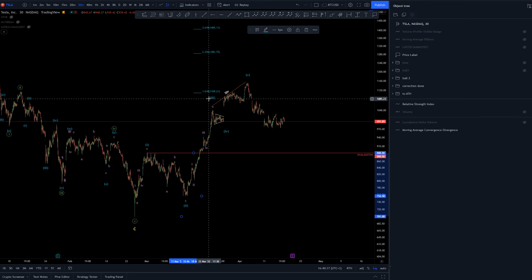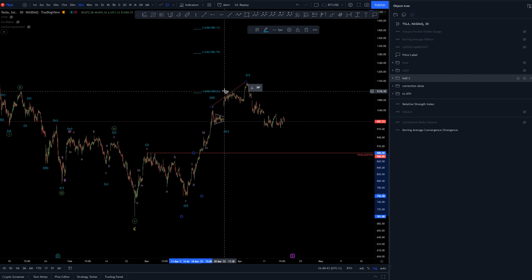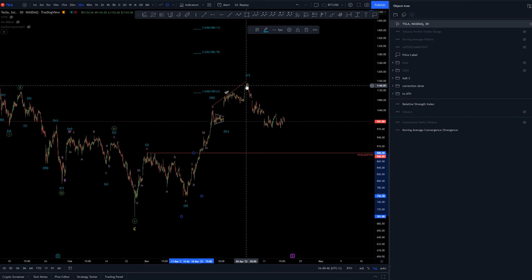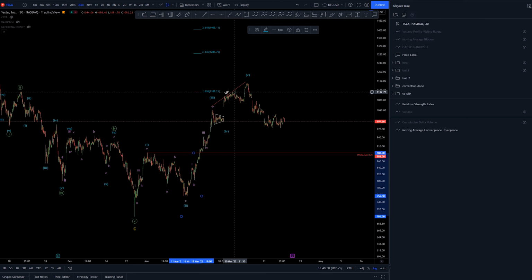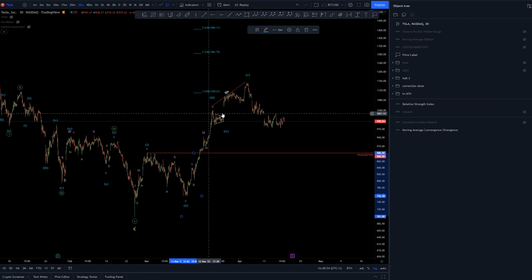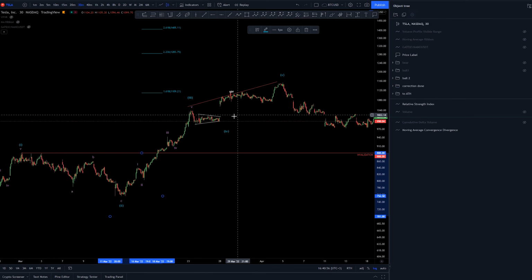The wave 4 was initially placed here, just because I saw this possible triangle formation, after which we do see a divergence between these two peaks, but the price action here is a bit wonky. I'm not sure if we can establish a possible 1, 2, 3, 4, 5 or 5-wave structure here.